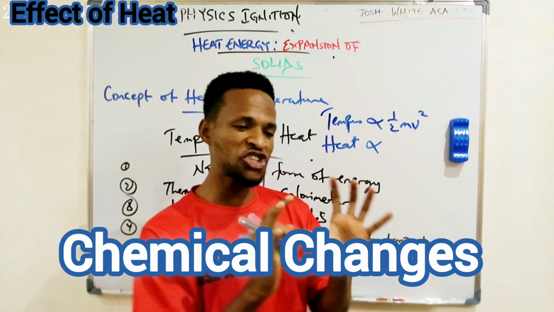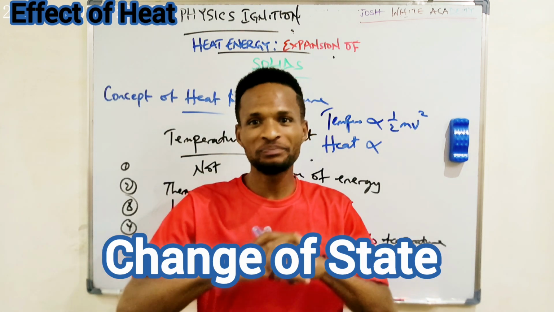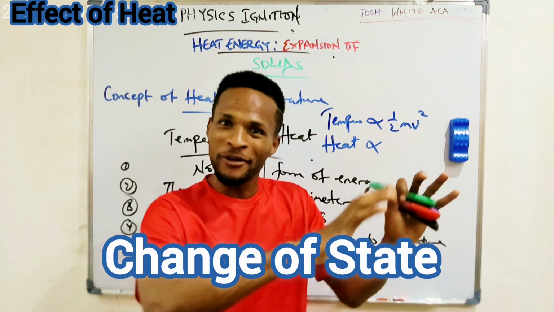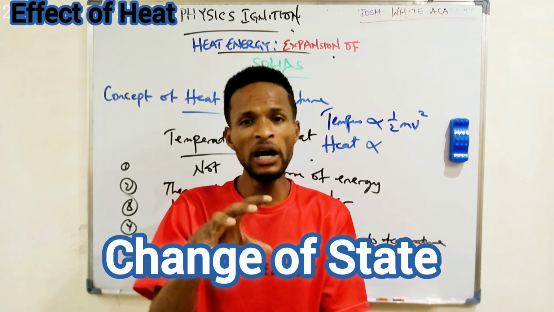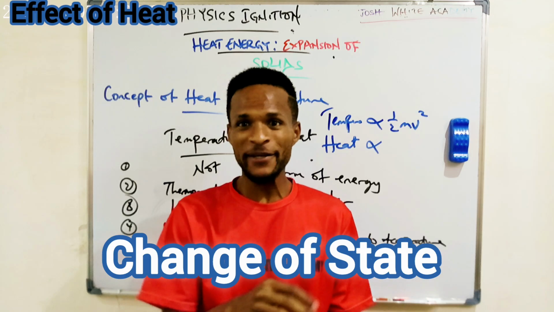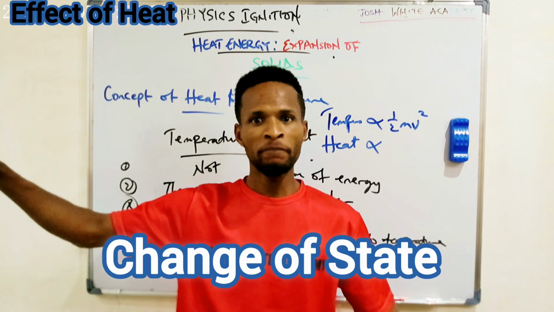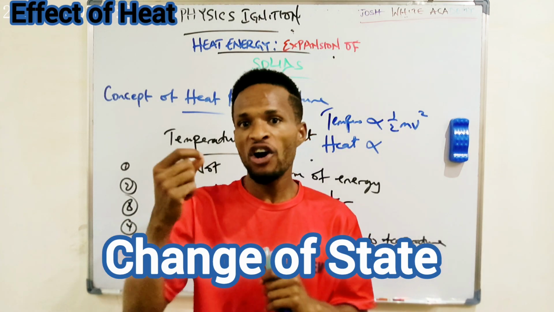Heat also causes change of state, like me applying heat to an ice block. It begins to melt from a solid state to a liquid state, and if I continually subject that body to heat, it changes from liquid to gaseous state. So that means heat causes change of state.